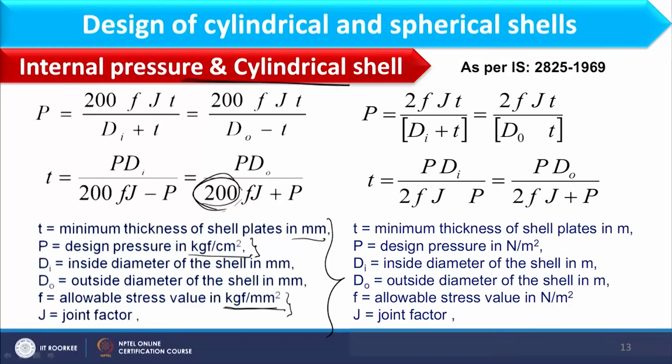However, in books you can find the expression 2 Fj instead of 200 Fj. In books you have only the factor 2, because pressure as well as allowable stress are both shown in the same unit, that is Newton per meter square, and thickness we can compute in meter, and other parameters are also shown over here.